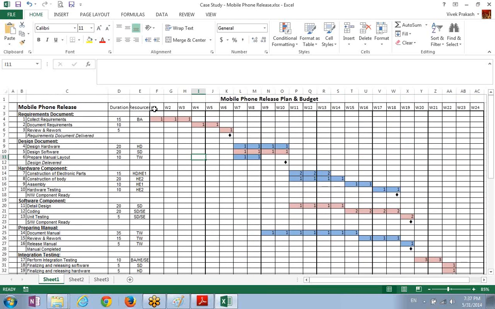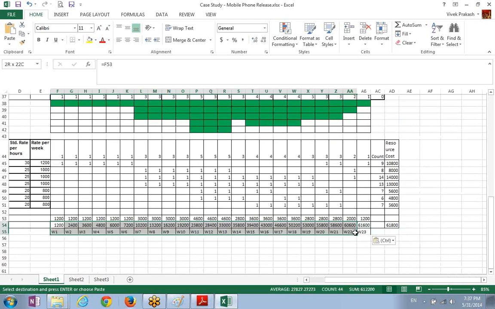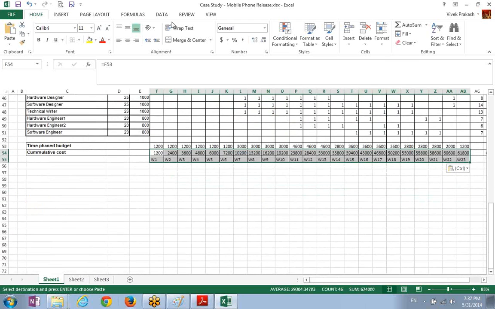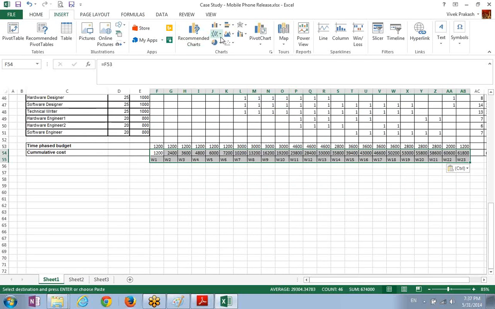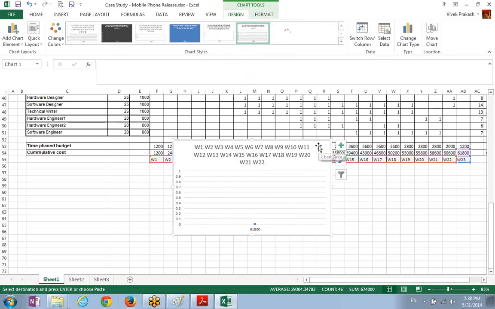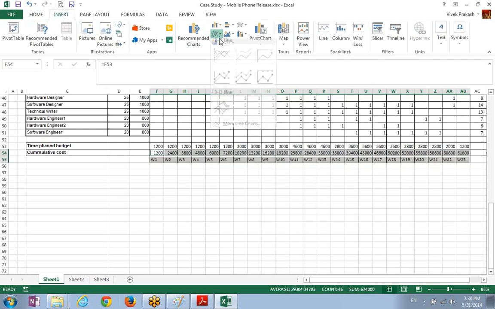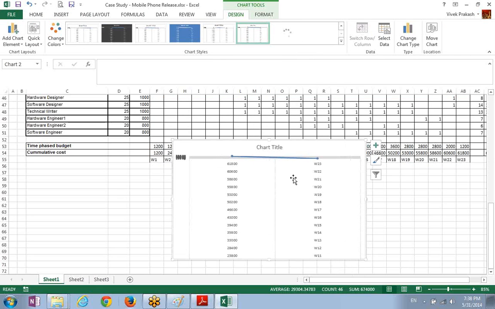So for simplicity, if I put it here and create a chart of this, no, I'm not so good, I'm just trying it. I don't know what it is creating.